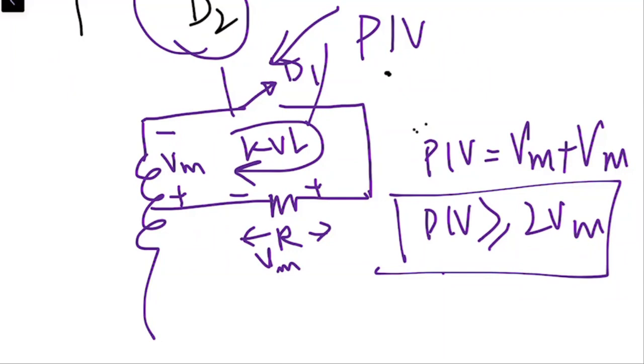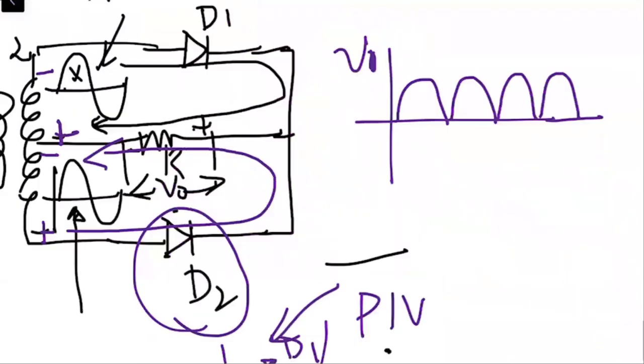What we are getting up till now is basically a unidirectional output. But we want something quite close to DC value. So how can we get that?